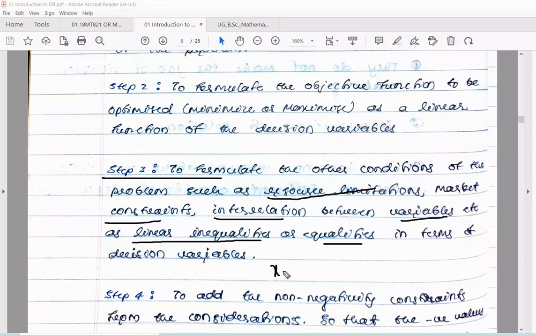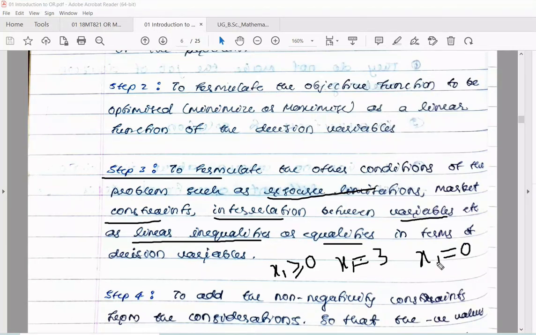Inequality means x1 is greater than or equal to 0; I don't know the value of x1. Equality constraints mean x1 equal to 3 only, or x1 equal to 0 only. These are equality constraints.